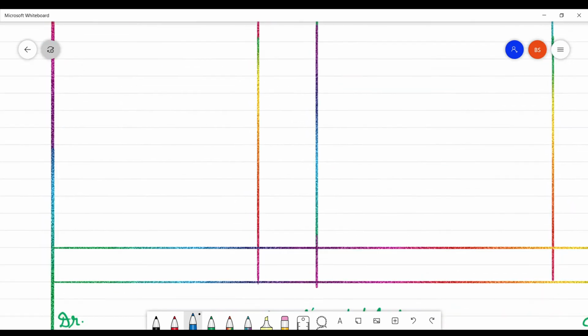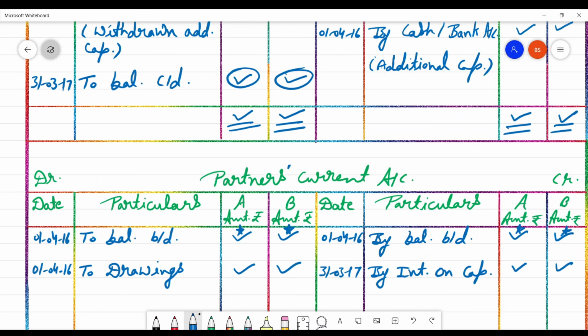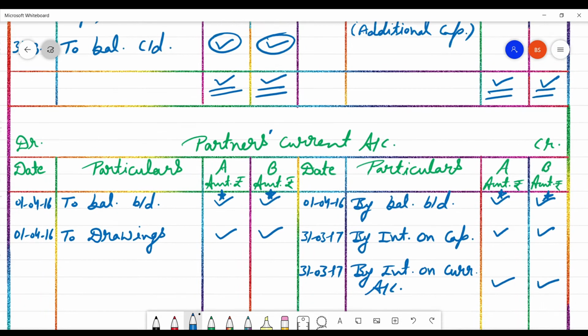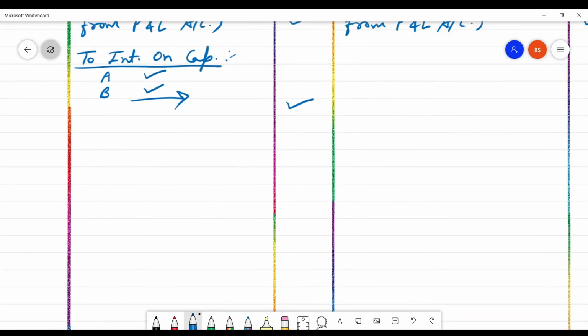After that, we will calculate the interest on current account. On the last date of the financial year, by interest on current account. This interest will be recorded in the debit side of the P&L appropriation account.